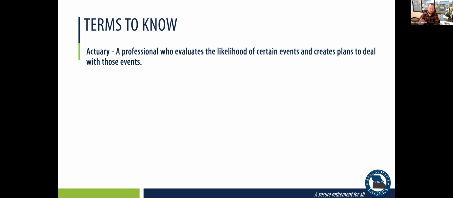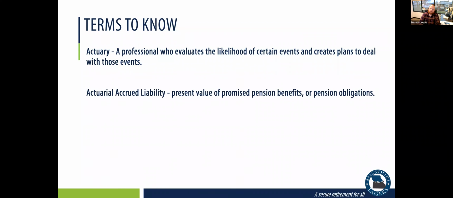All those things are the probability side of things that the actuary determines. And then they set out a plan for preparing for those certain events, and that plan is included in the valuation.